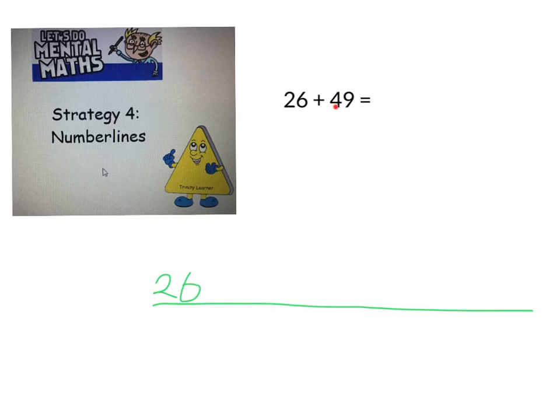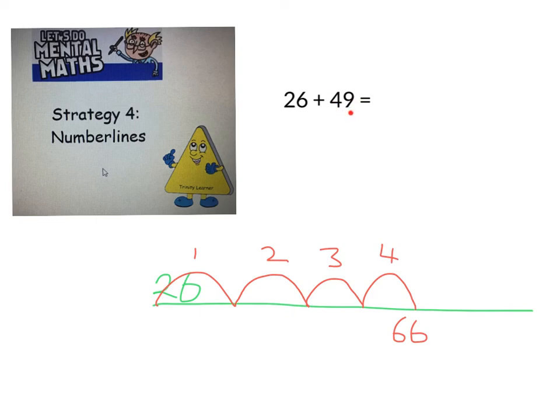I'm going to add on my tens first. So I'm going to count on 4 tens, so that's 4 hops. So 26, counting on in tens, would be 26, starting number, 36, 46, 56, 66. That is me having counted on 1, 2, 3, 4 hops, which is 4 tens.